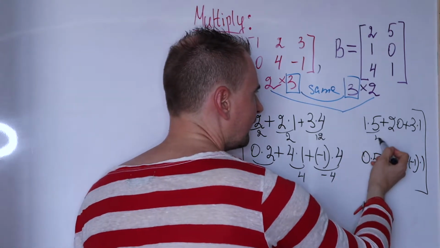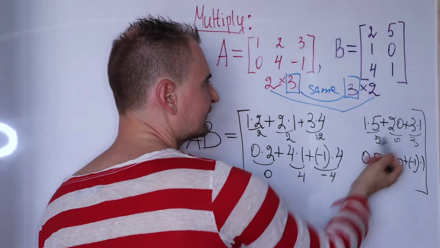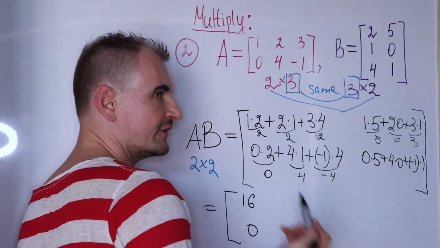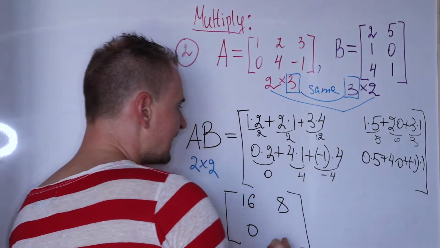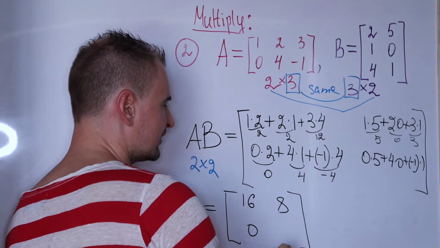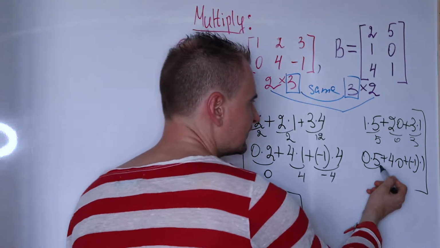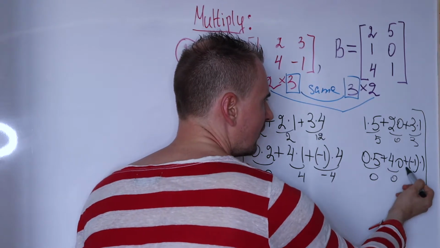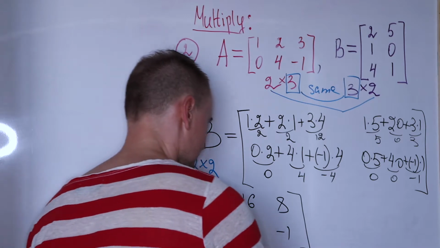Over here you have 5, 0, and 3. So you would be left with 5 plus 3, which is 8. And finally the last element, right bottom over here. So this is 0, 0, and negative 1. So you would be left with negative 1.